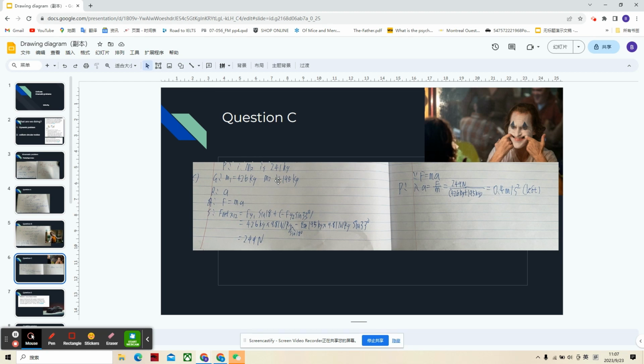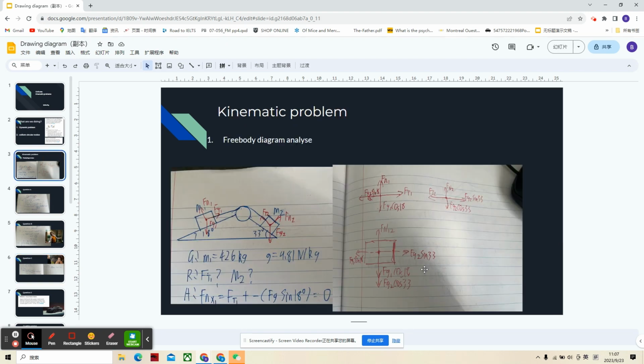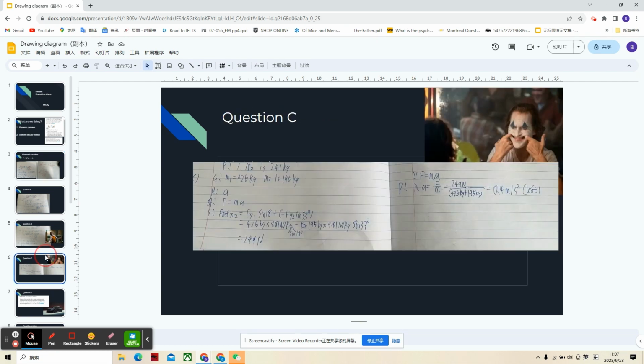So the equation that we use is F equals Ma. Since we knew that the net force on the x direction is not in equilibrium anymore, the net force equals Fg1 sine 18 minus Fg2 sine 33, and we substitute what we have over here, which is 426 kilograms multiplied by 9.81 sine 18 minus 195 kilograms multiplied by 9.81 newtons per kilogram multiplied by sine 33.